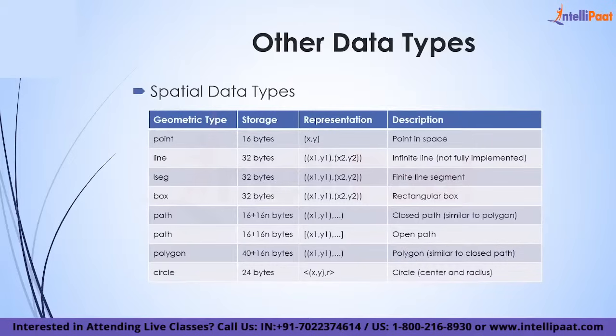That's the example. If you want some extra features, you have to go with an extension. For this GIS, we need the extra extension, which we call PostGIS, Postgres Geographical Information System. If you have that extension, you can get clear visibility of how this looks.